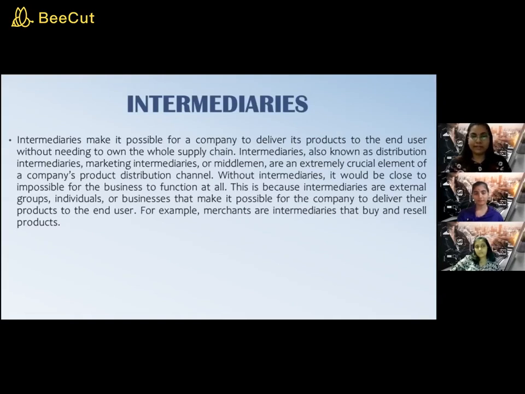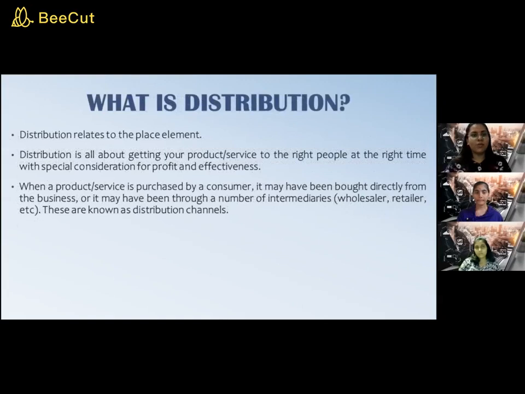For example, merchants are intermediaries that buy and resell products. What is distribution? Distribution relates to the place element. Distribution is all about getting your product or service to the right person at the right time with special consideration for profit and effectiveness.